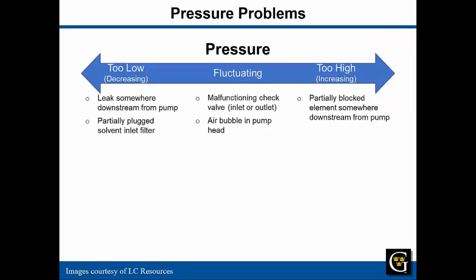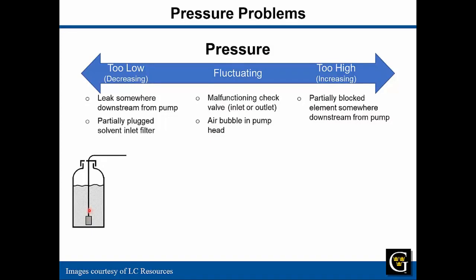So once we have developed our expectations and we have something to compare to, then again, we have cases where the pressure is lower than we expect or higher than we expect, or sometimes we see that the pressure is fluctuating a lot. So in the case of a pressure that's too low, one of the things that can happen is a partial blockage of the inlet filter to the solvent line in our solvent bottle.